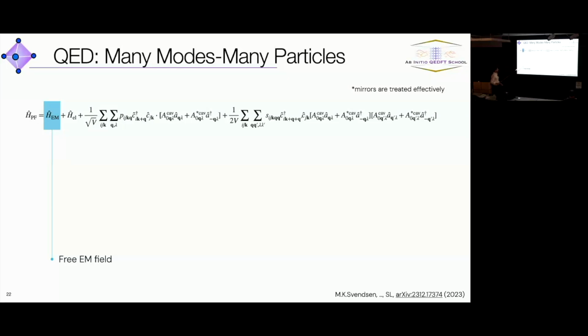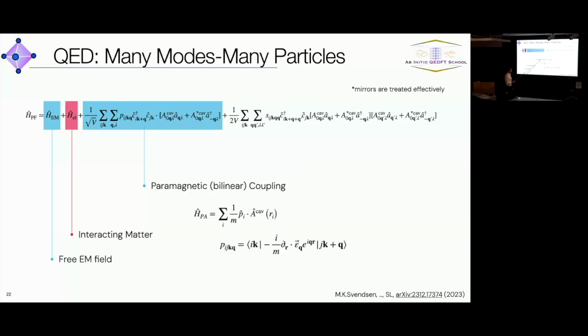So you have the free electromagnetic field. Then you have the interacting matter. So here you can put all your electrons, all your interactions, and all the complexity you want. But because you have coupled to the light by the minimal coupling procedure, you have two terms. The paramagnetic term, also called bilinear coupling. And this is the coupling that comes from the p dot A term for each electron. Right now you have a system of many particles.